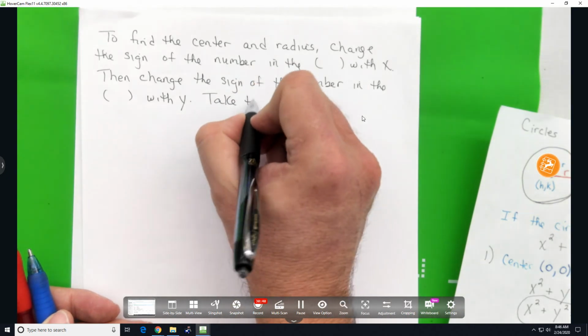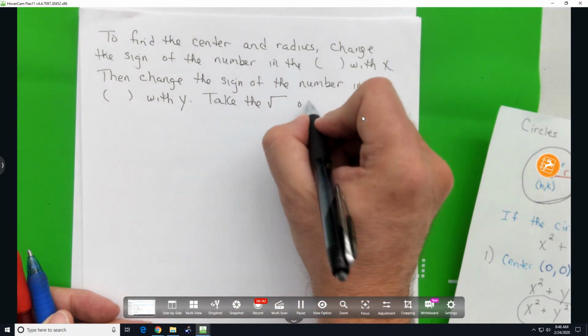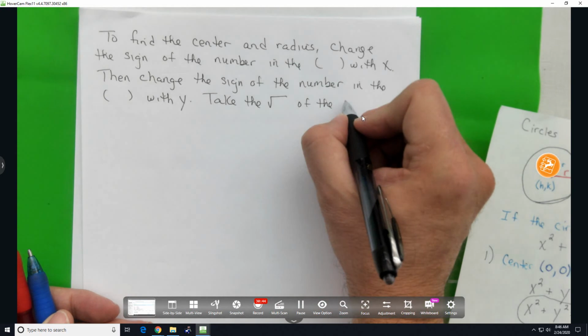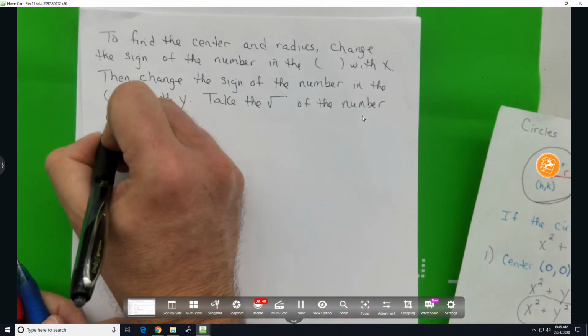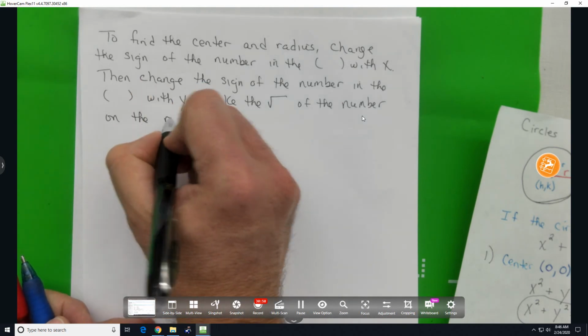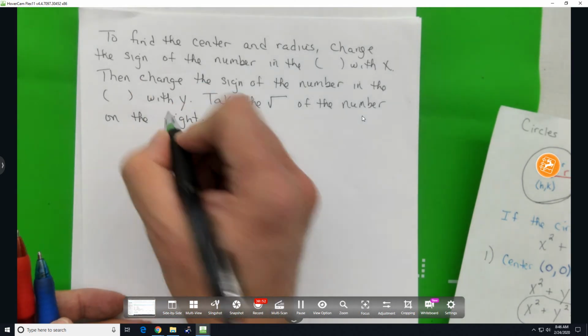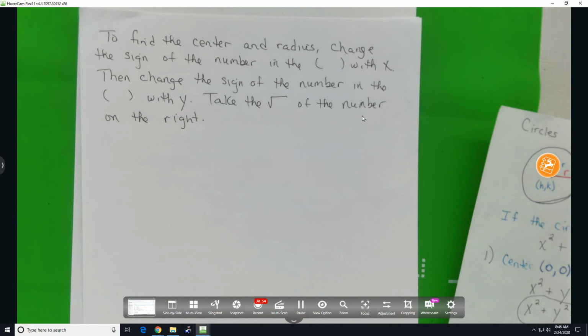To get the radius, take the square root of the number on the right. So, in abbreviated form, I'll say change the sign, square root. That's how you find the center and radius.